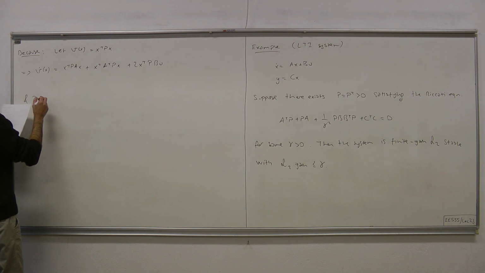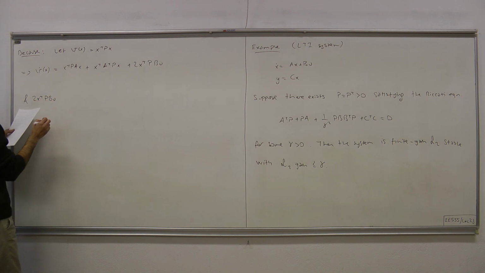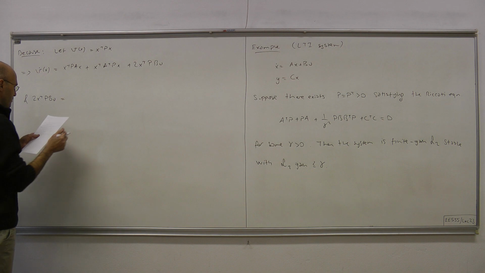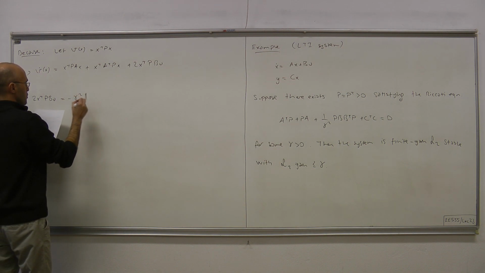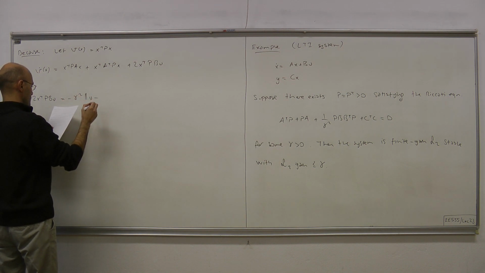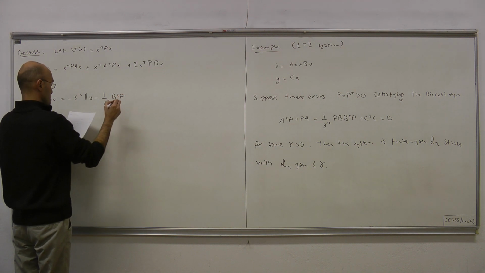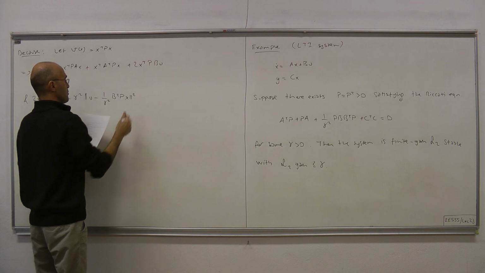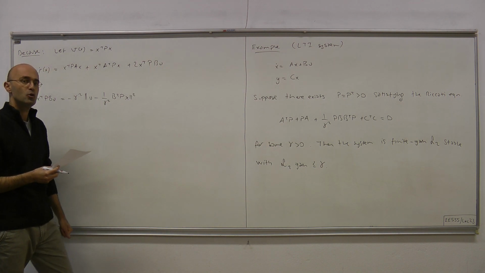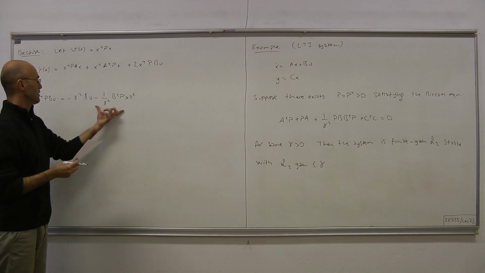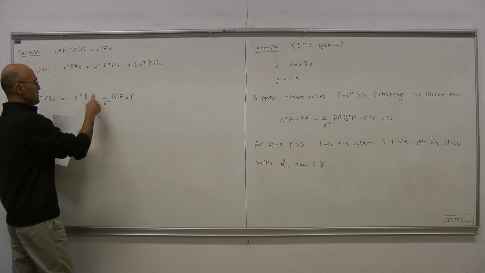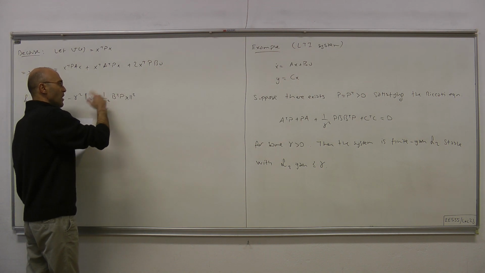What else? This term can be expressed as follows: 2x transpose PBu equals minus gamma square times the norm of u minus 1 over gamma square B transpose Px, norm square, and by norm we mean Euclidean norm. The norm square is this thing transposed times itself.